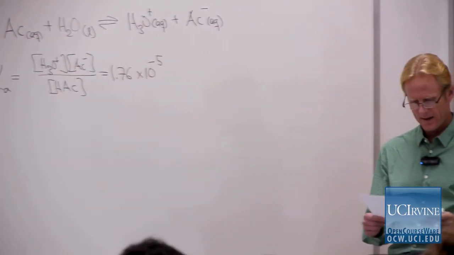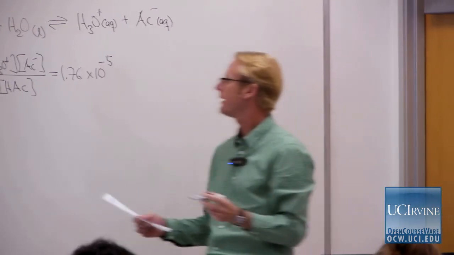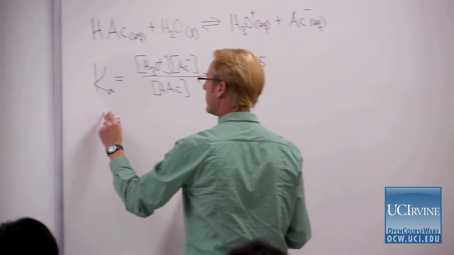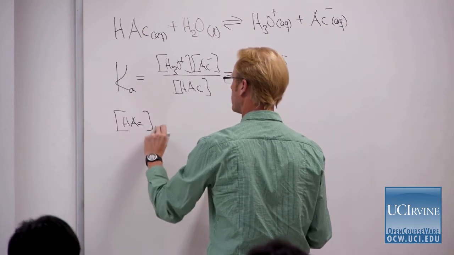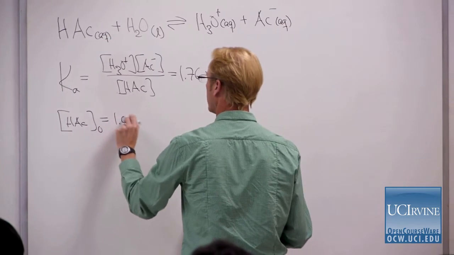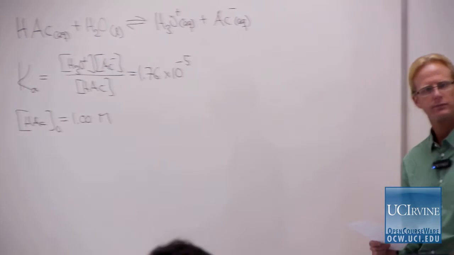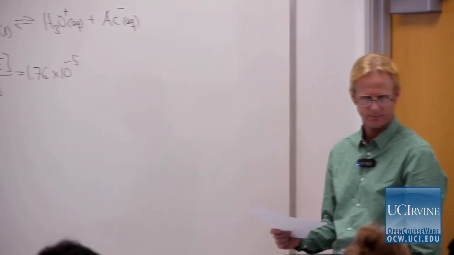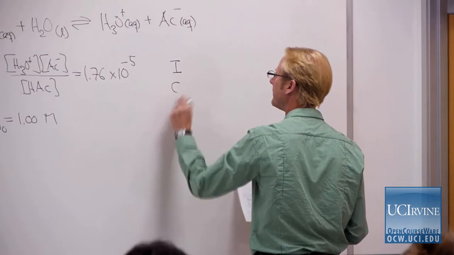All right. Now, suppose we want to calculate the pH for an acetic acid solution where the initial concentration is equal to 1.00 molar. What do we do? Well, we can write down our ICE table.